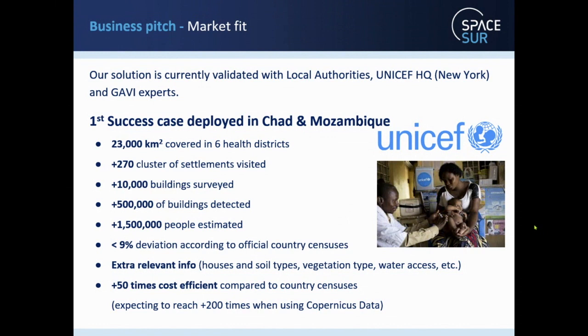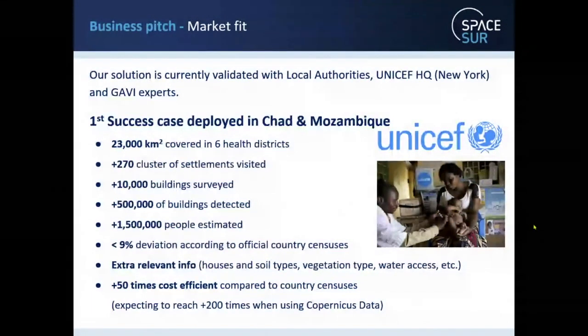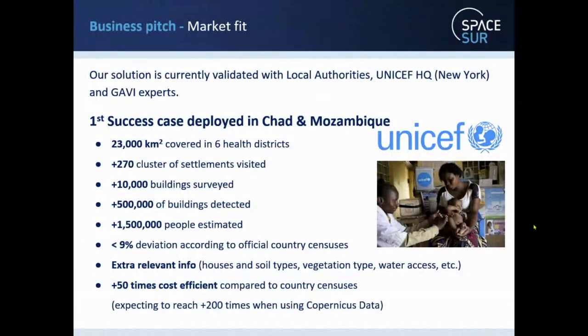With the adoption of Copernicus services, we get 50 times cost efficiency compared to the traditional country census, and we expect more than 200 times when using Copernicus data. This is the importance of this aspect, because it could help us democratize this kind of service.